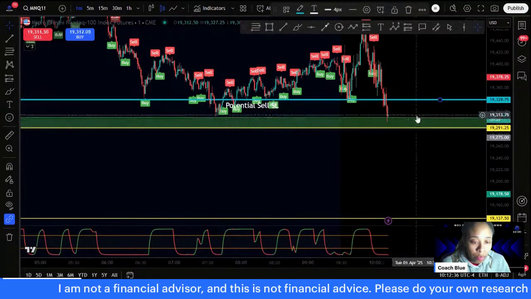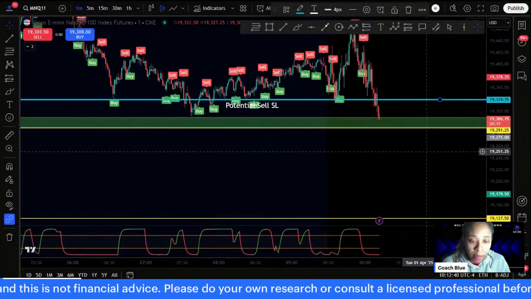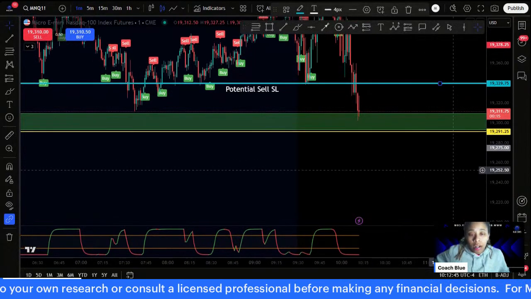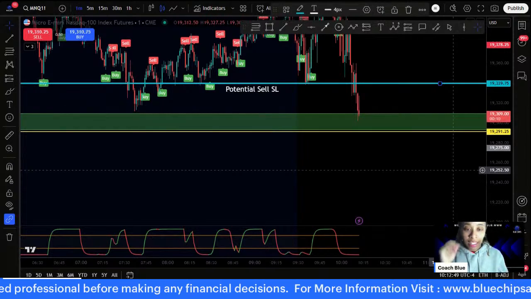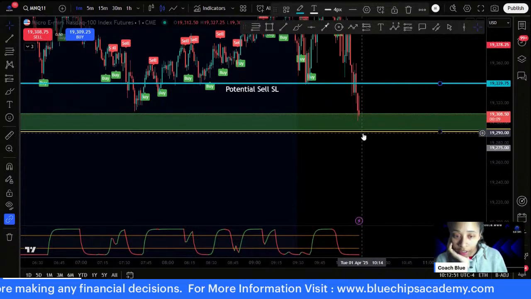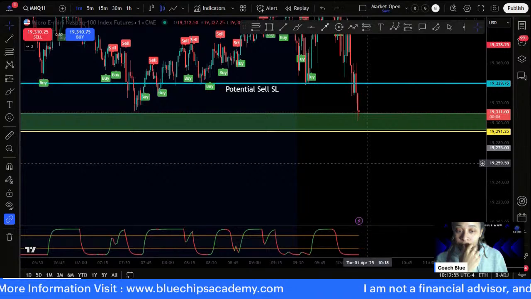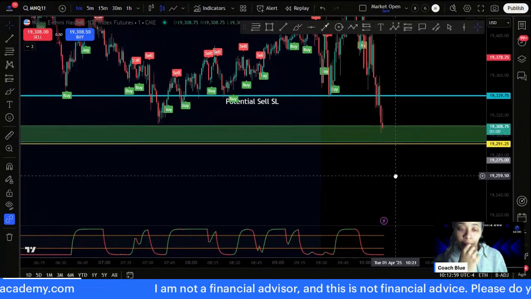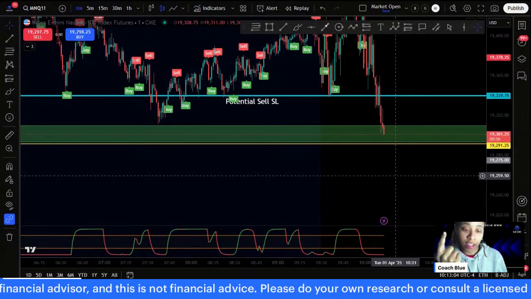So 19,339.75 is my potential stop loss. All right, here we go, guys. Let's see if we can get a push to the downside. Price is easing its way down here, but we've got to get a breakthrough. Keep in mind, we are oversold on the 5 minute, the 15, and the 30.